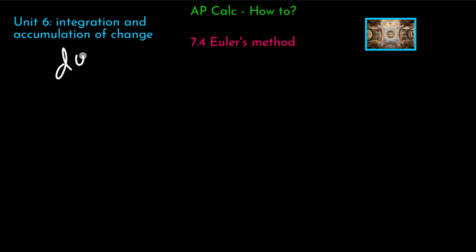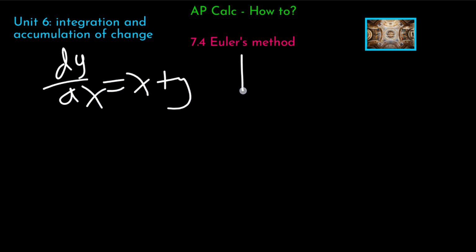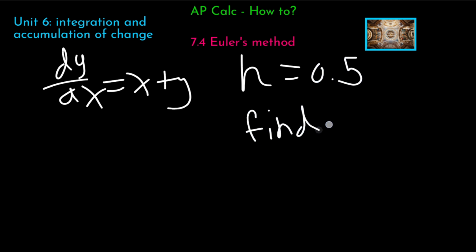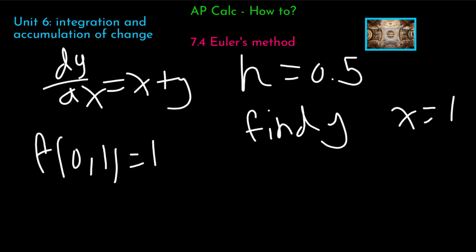If we have the same differential, dy over dx equals x plus y, step size h equals 0.5, we need to find y at x equals 1. So if we step from x equals 0 to x equals 0.5, we have f of 0, 1 equals 1, y1 equals 1.5.